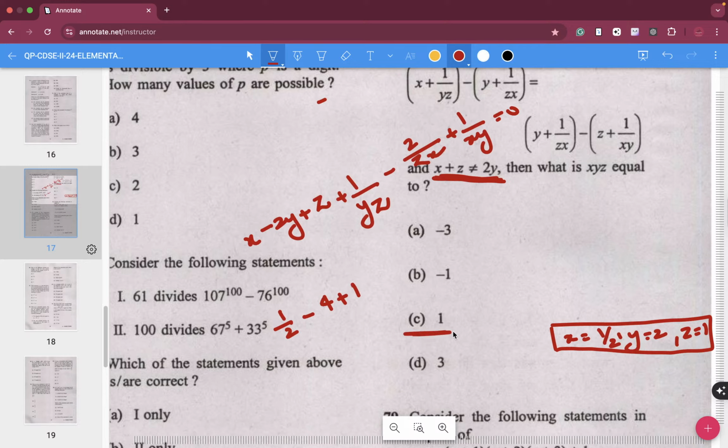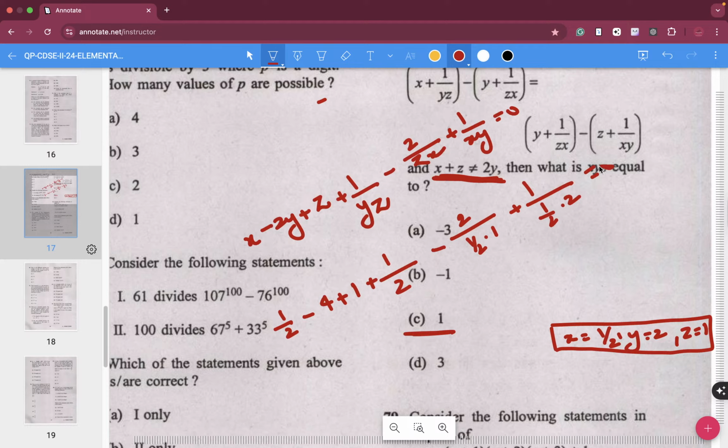I'm assuming this particular value, plus 1 divided by yz, yz is how much? 2 minus 2 divided by zx over here, right. X value is how much? 1 by 2 and z value is 1, plus 1 divided by xy, x is this, y is this.